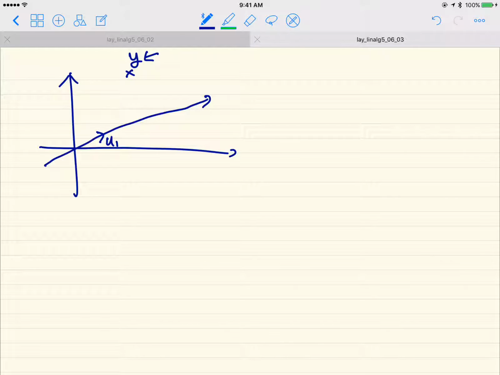You want to approximate this vector using some other vector that is inside of this subspace W. In this case, this vector became this new vector, which is now inside of our subspace.